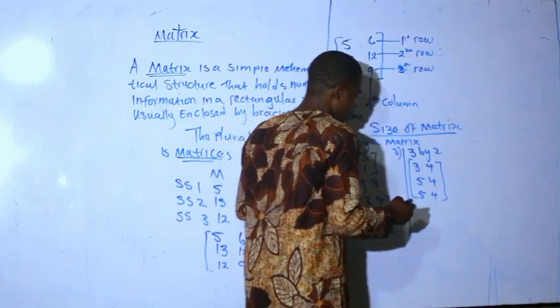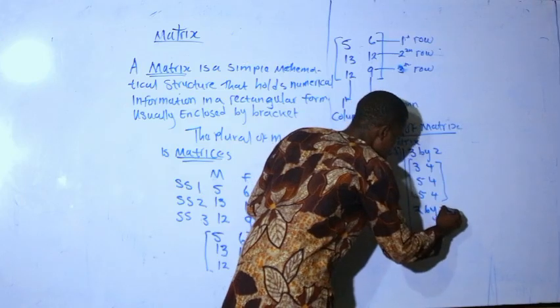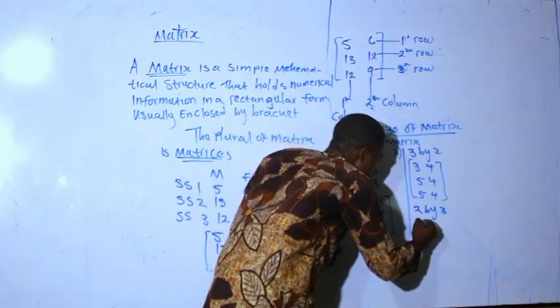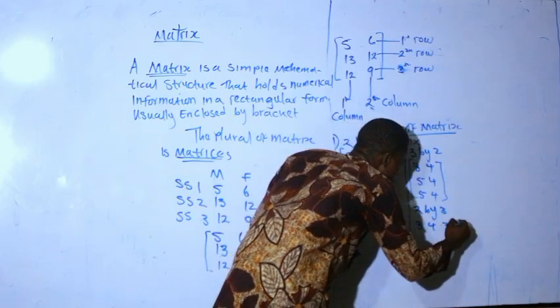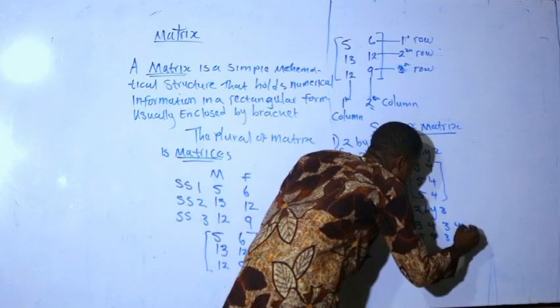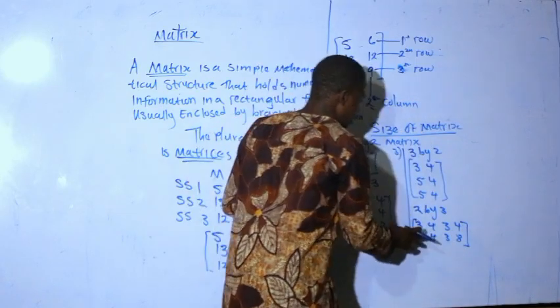Now let us look at another one, which is 2 by 3 matrix.